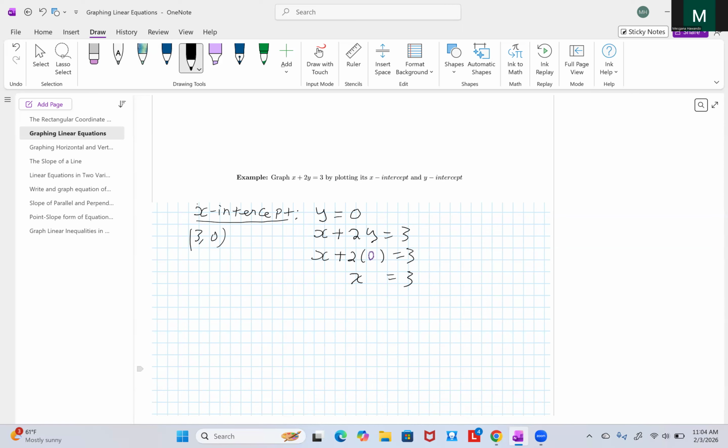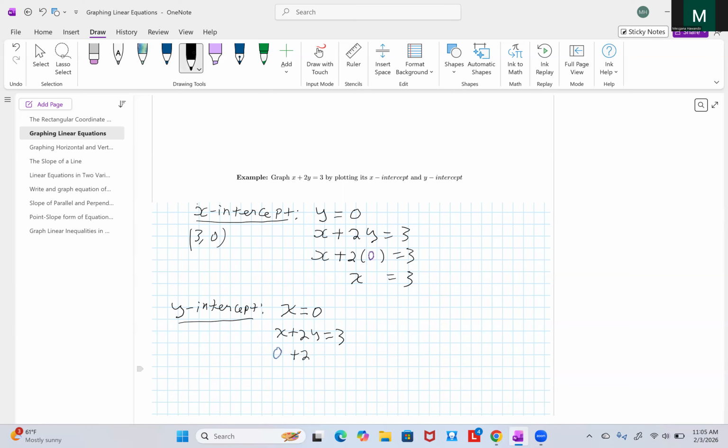And then we need to find the y-intercept. The y-intercept is the point where the graph crosses the y-axis, and the x-coordinate for that is 0. So we replace x by 0 in the equation x + 2y = 3. So when x is 0, we can solve for y.